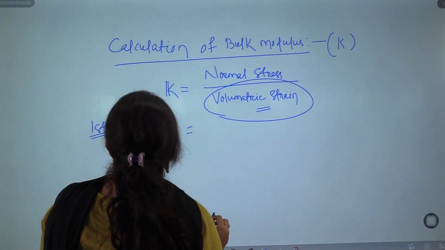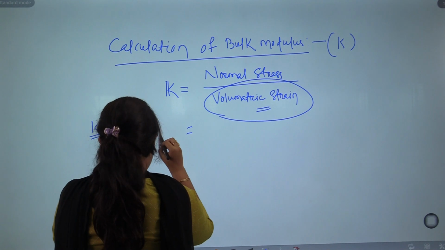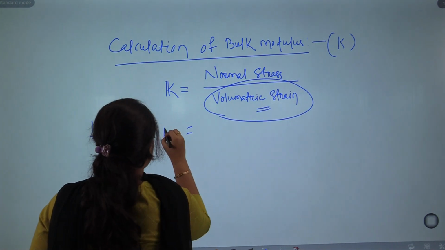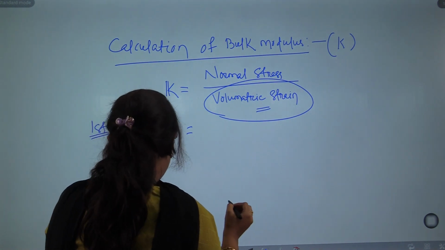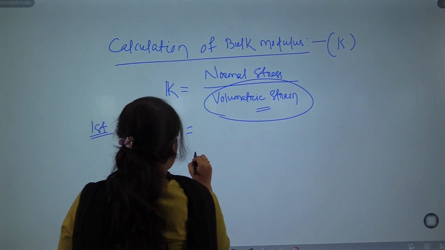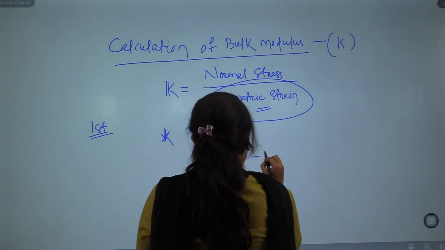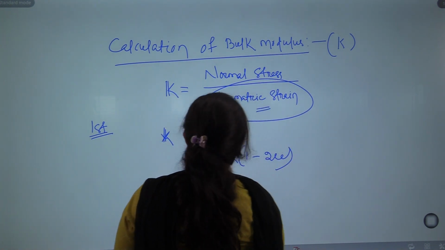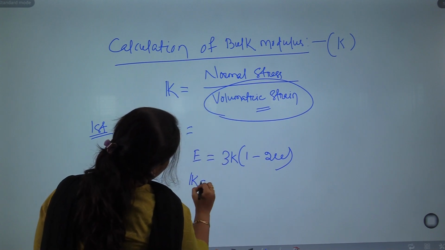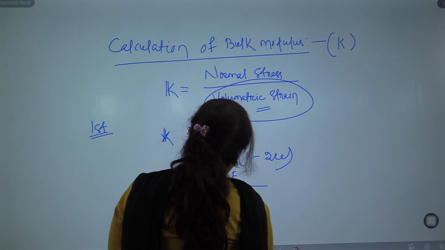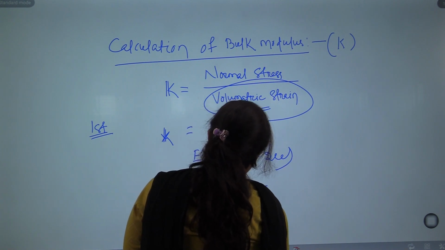We know that E equals 3K into (1 minus 2 mu). So, K will be E upon 3 into (1 minus 2 mu).